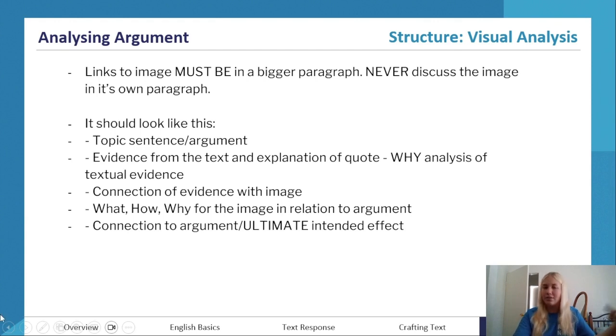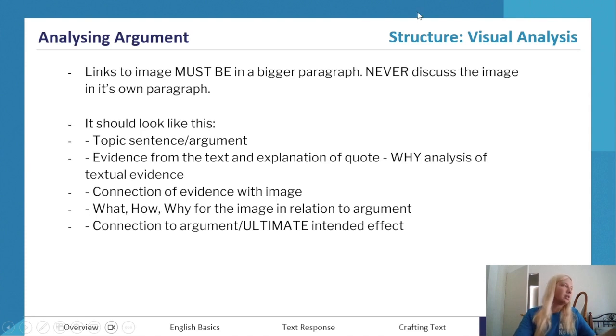We analyze some evidence from the text, some persuasive language techniques, complete that what, how, why process, and we find an appropriate part to link in the image, maybe just chronologically even, based on where the image is embedded in the text. So then we need to connect the evidence with the image to start talking about the image.